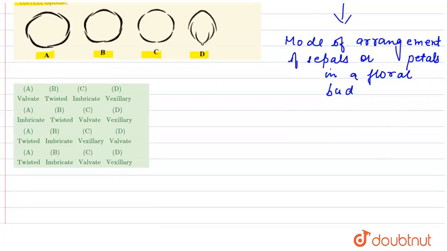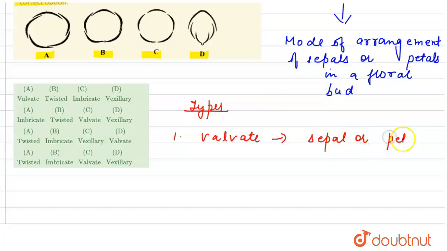Aestivation is basically of various types. The first type is valvate, in which the sepals or the petals are touching one another.